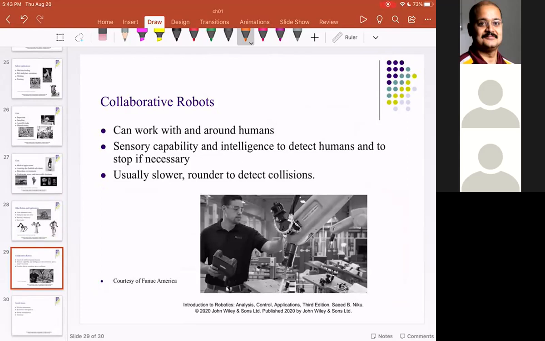They can detect human presence and make sure that the humans in their workspace are continuously observed and are safe all the time.